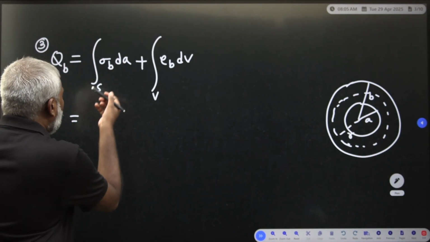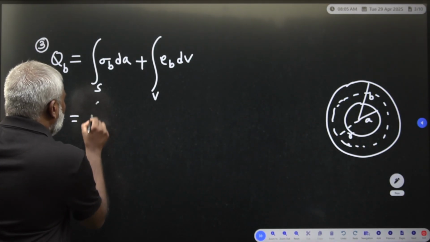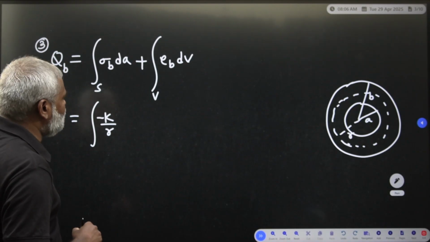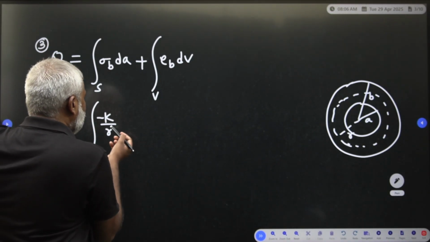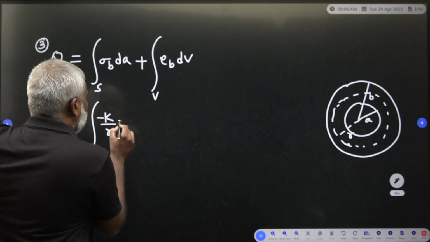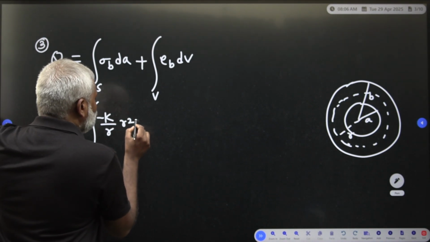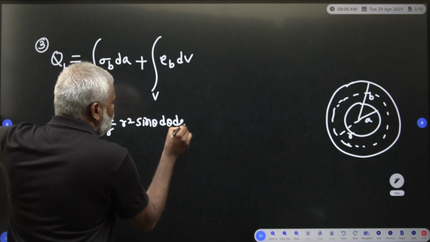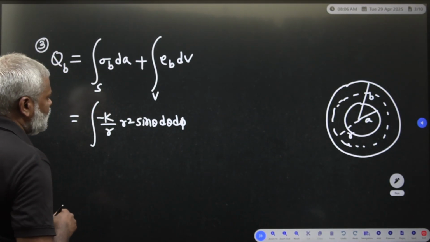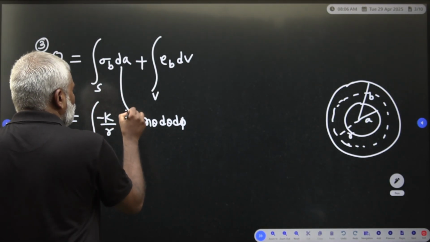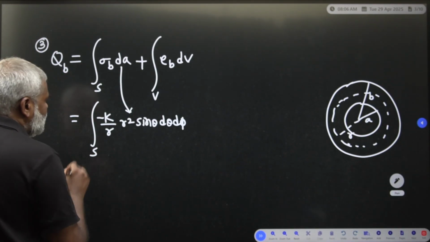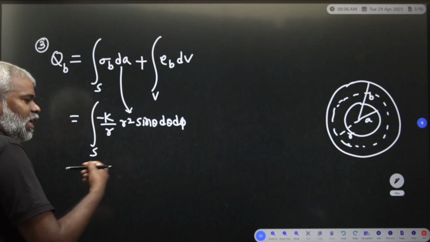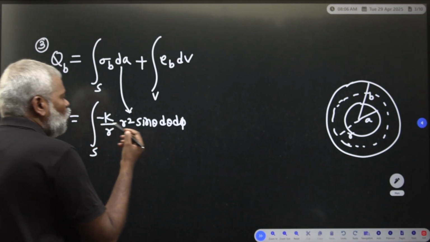So at a, how much do you get? Minus k by r. So for the integral of dA, which one do we write? It is r square sin theta d theta d phi, the area element in spherical coordinates.